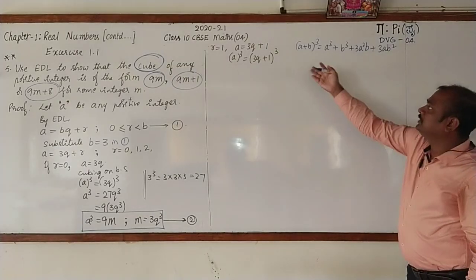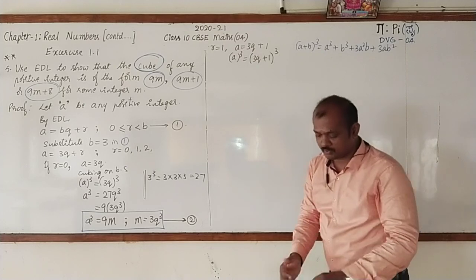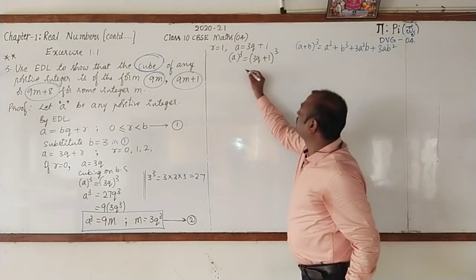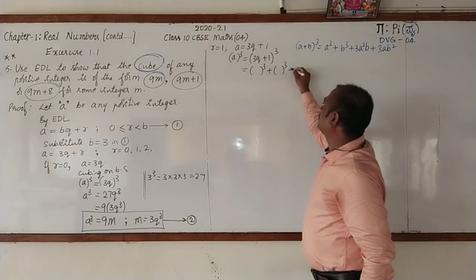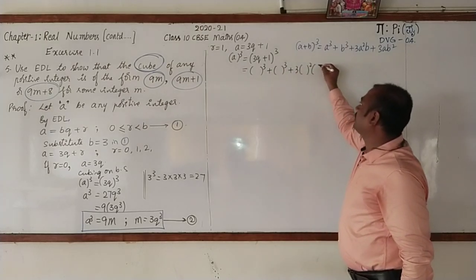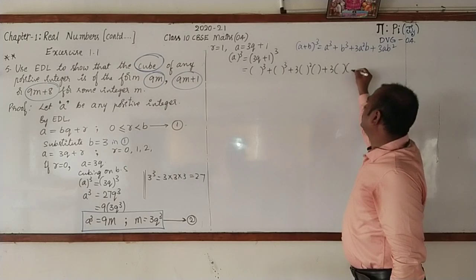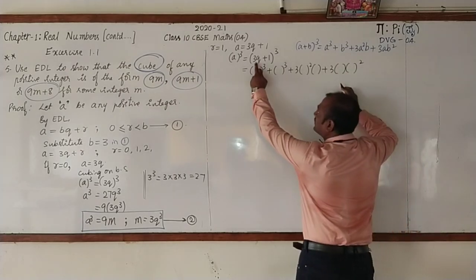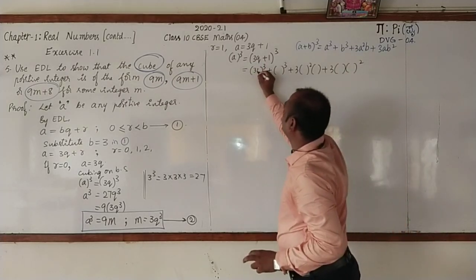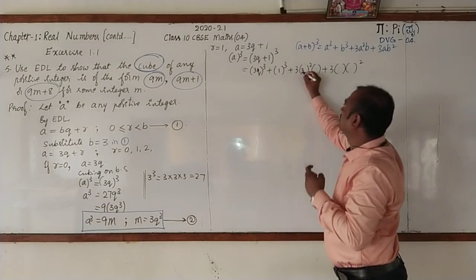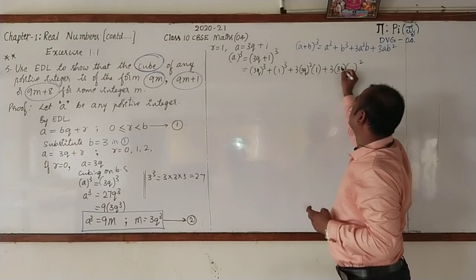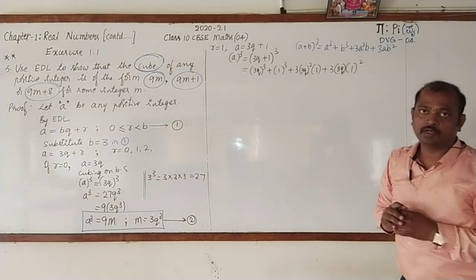But this will be easier. Now, I simplify this: a cube plus b cube plus 3a square b plus 3ab square. What is a? a is 3q. b is 1. Got it?